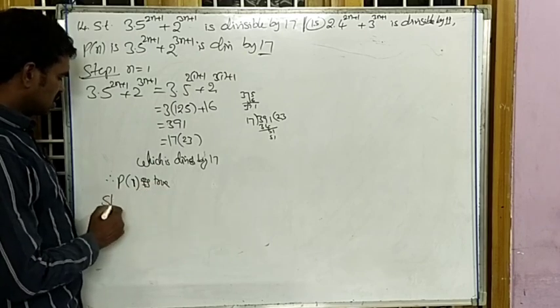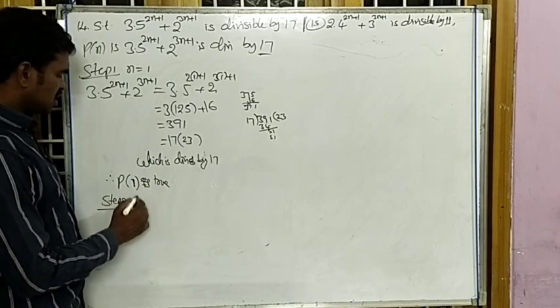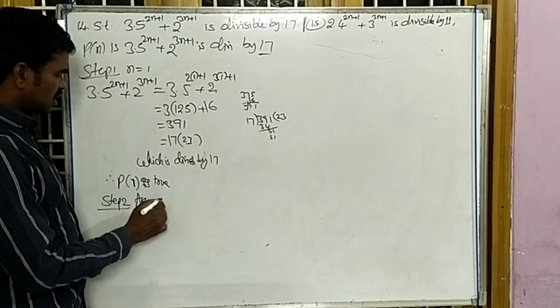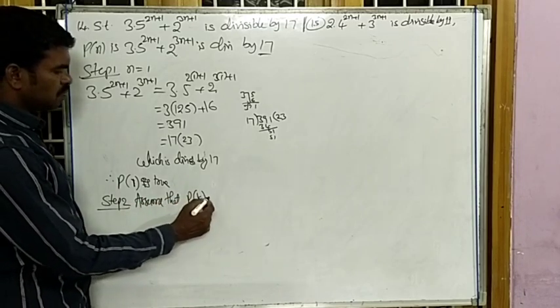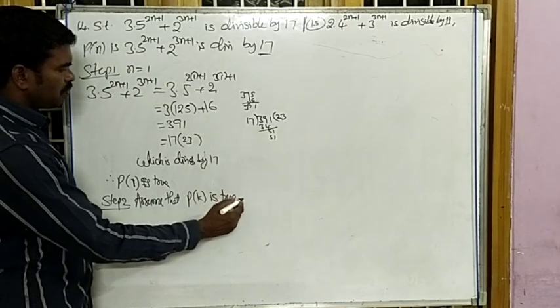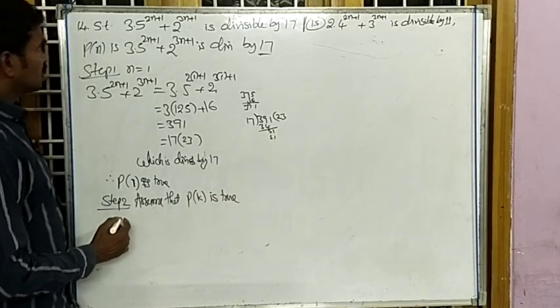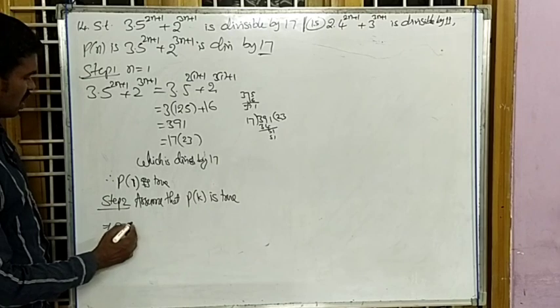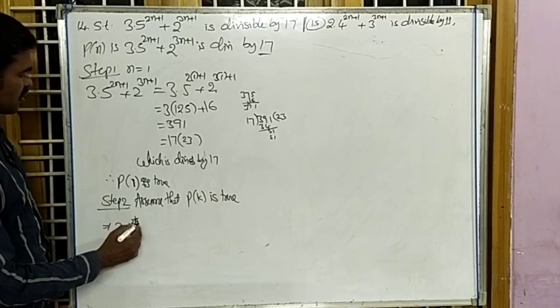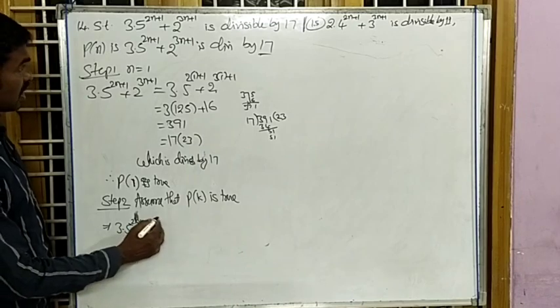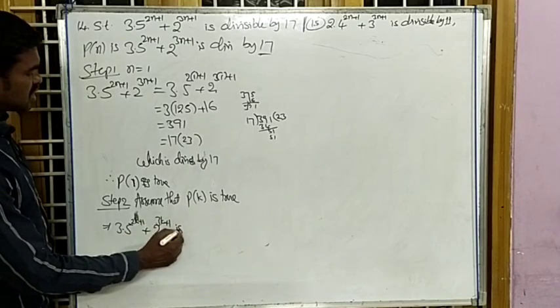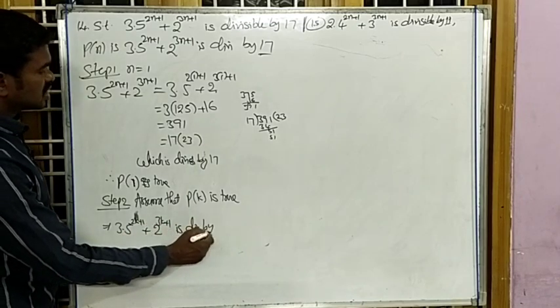Next, step 2. What is step 2? Assume that P of n is true for n equal to k, or simply P of k is true. That means 3 into 5 power 2k plus 1 plus 2 power 3k plus 1 is divisible by 17.